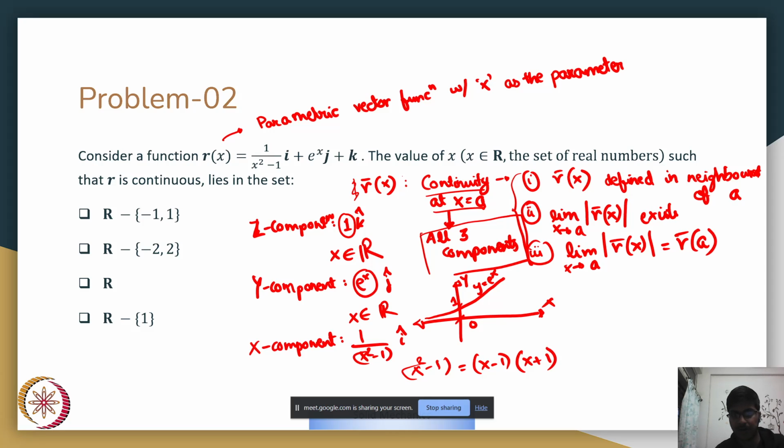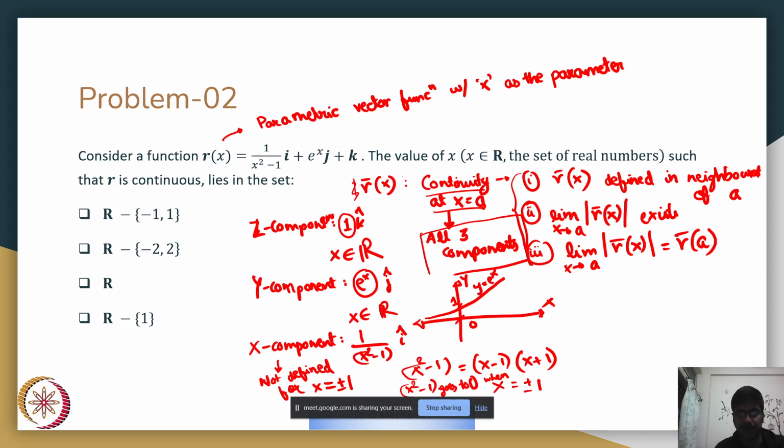So the denominator x square minus 1 goes to 0 when x is plus or minus 1. Therefore, the x component is not defined for x equal to plus or minus 1, but it can be defined for all other x.